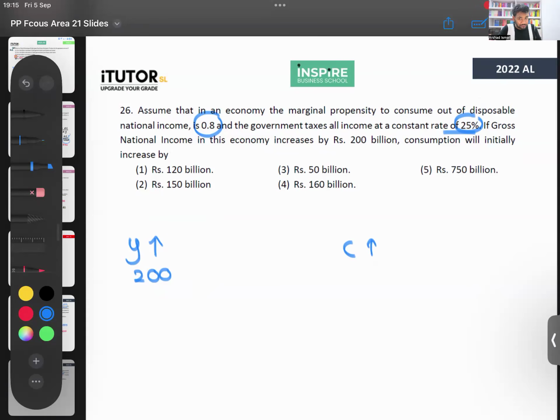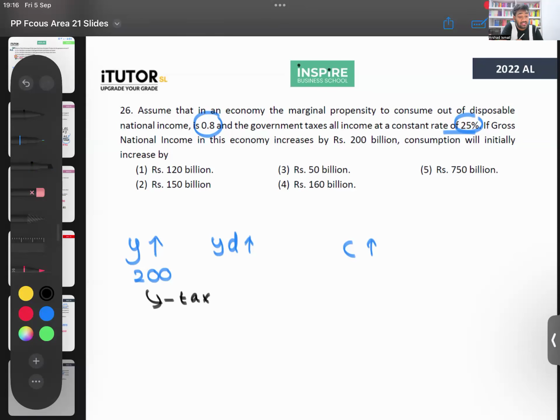But here, if income increases by 200, will your disposable income also increase by 200? There is a tax here. How much of a tax is there? There is a 25% tax. So if your income increases by 200, how much of that do you have to pay as a tax?